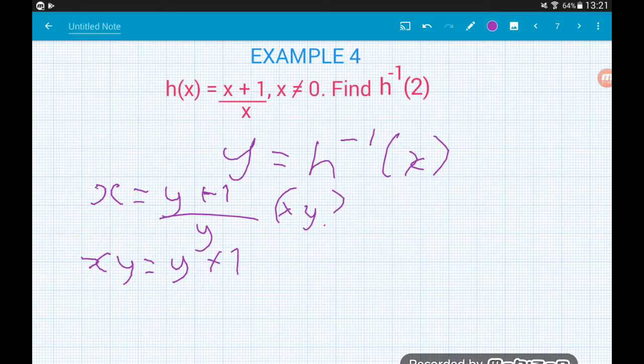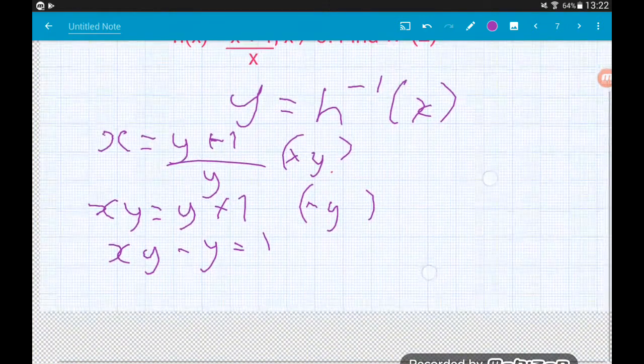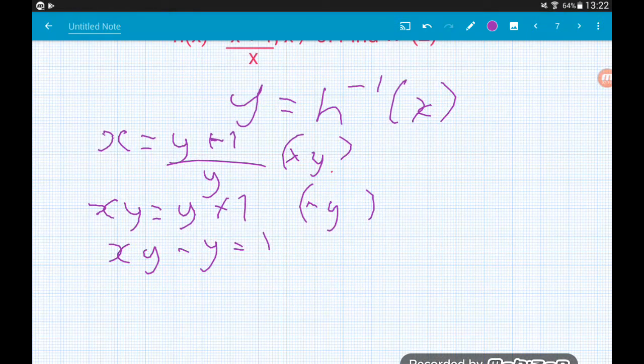Now we need to get the y's on the same side together. So if we take away a y, we'll get xy minus y equals 1. Okay, so now we've got a little bit of a problem. We've got 2 y terms. We can't combine them normally because one's got algebra attached to it. So what we do in this situation, we factorise.